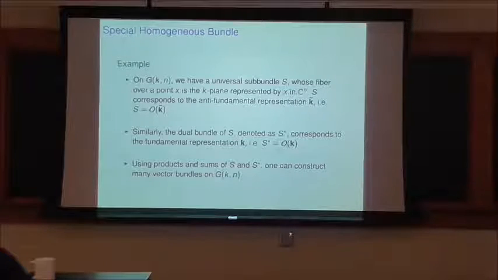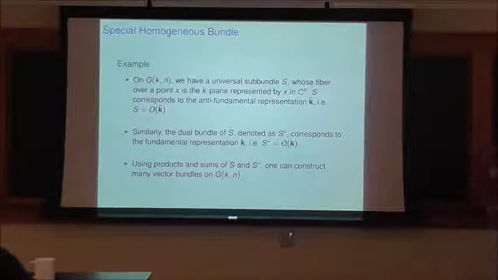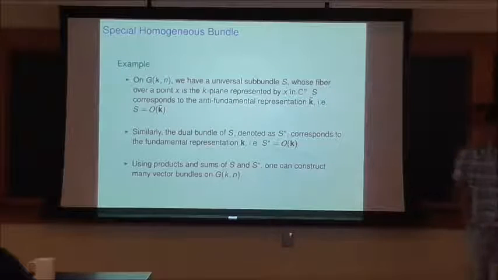So in this case, this is a special homogeneous bundle corresponding to the anti-fundamental representation of UK, just like O(-1) has charge -1, which is the anti-fundamental representation of U1. And similarly, you can consider the dual bundle of this, which is labeled as S star. So it corresponds to the fundamental representation of UK.